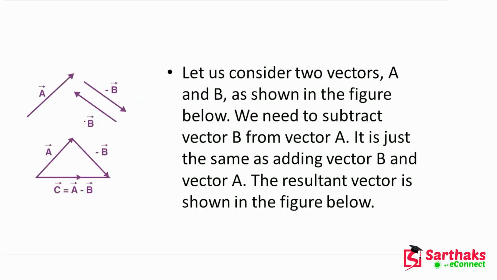Vector subtraction also: here you can see that vector subtraction means addition of two vectors, where one vector is positive and another vector is negative. Just add these two, so I can get A minus B. That is the vector subtraction.